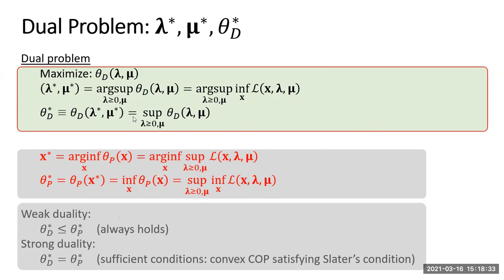Notice the difference. What are we doing here? We're taking the Lagrangian, focusing on the dual, finding the infimum with respect to x, and then finding the supremum with respect to lambda and mu. Here, we are doing the opposite.